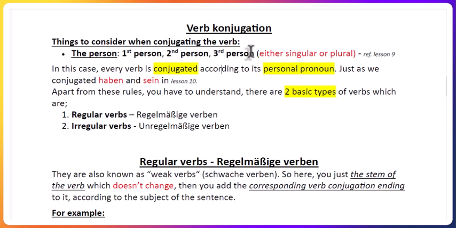I don't want to explain much now. In lesson 9, I explain the first, second, third person. Kwame, Kofi, Ama will fall under the third person.